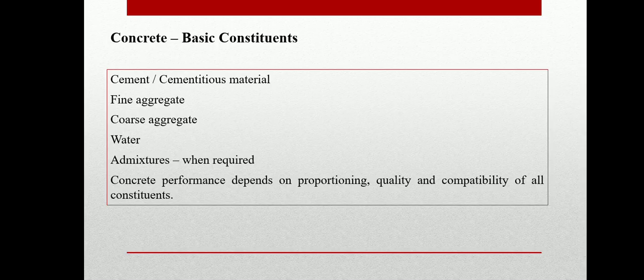The performance of the final concrete, its strength, durability, how easily it can be placed on site depends entirely on the proportioning, the quality and, importantly, the compatibility of all these constituents working together. Get one of these wrong and the whole system suffers.